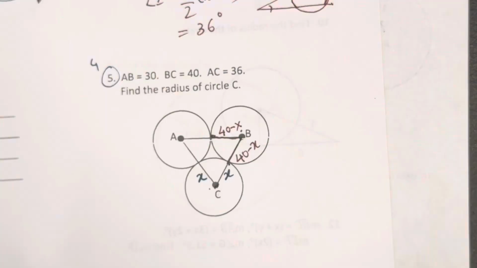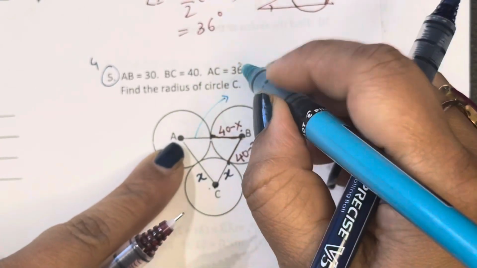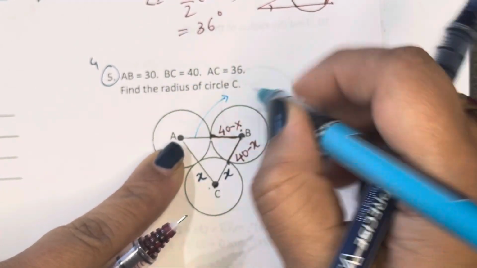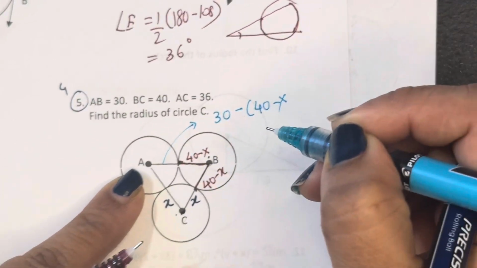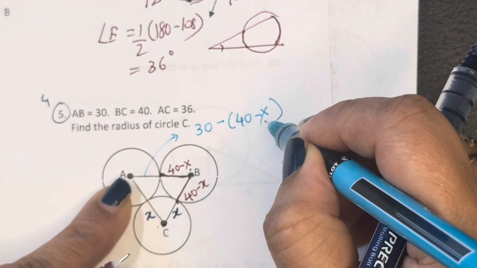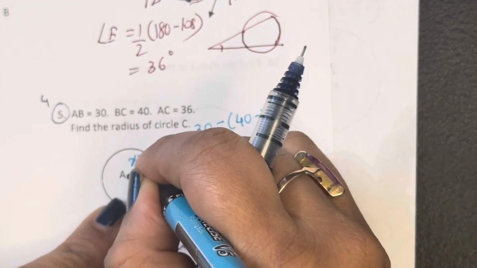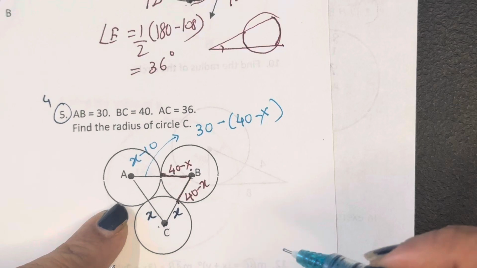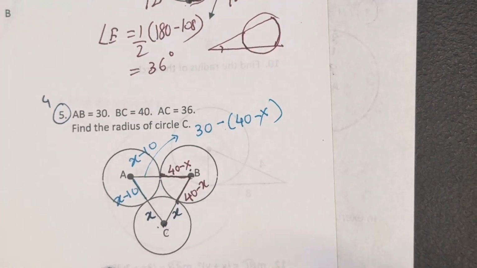That portion has to be, what was that? AB is 30. 30 minus 40 minus X, right? Which will be 30 minus 40, negative 10, minus X, plus X. So basically X minus 10. You can solve that. It is X minus 10. So this portion is also X minus 10.